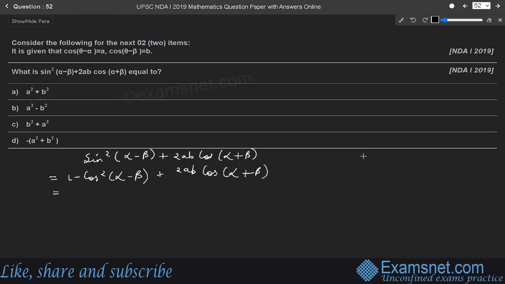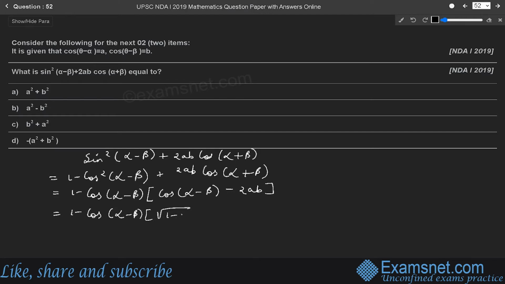On further solving, it will be equal to (1 − cos(α − β)) and (cos(α − β) − 2ab), which will be equal to 1 − cos(α − β) into √(1 − a²) √(1 − b²) − ab.